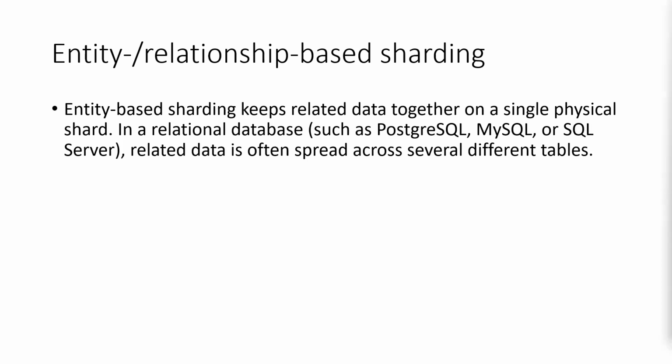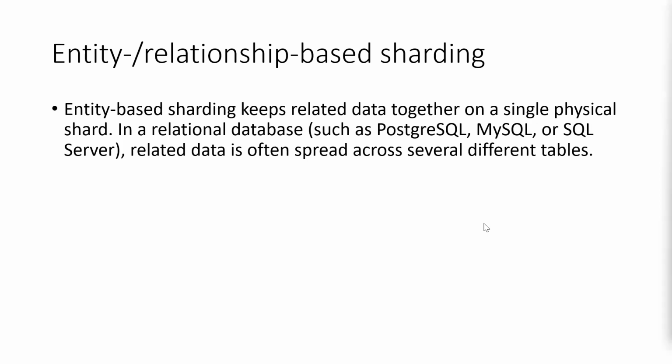Then the next one is the geography-based sharding. Now, earlier, remember I showed you an example where we have the data in related regions in the same place. So this is again a very interesting idea.